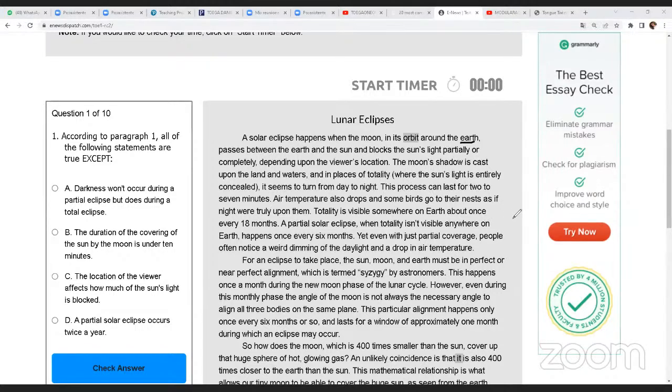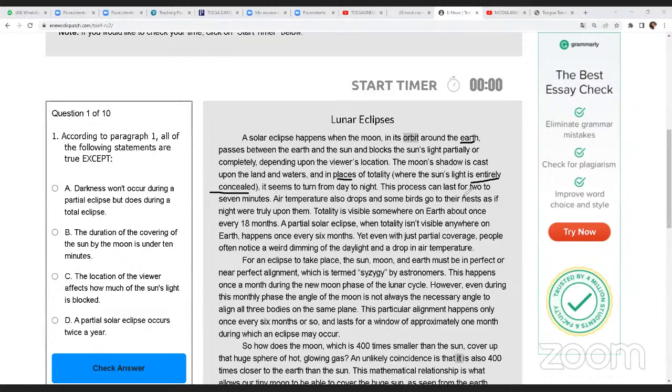The moon's shadow is cast upon the land and waters, and in places of totality where the sun's light is entirely concealed, it seems to turn from day to night.